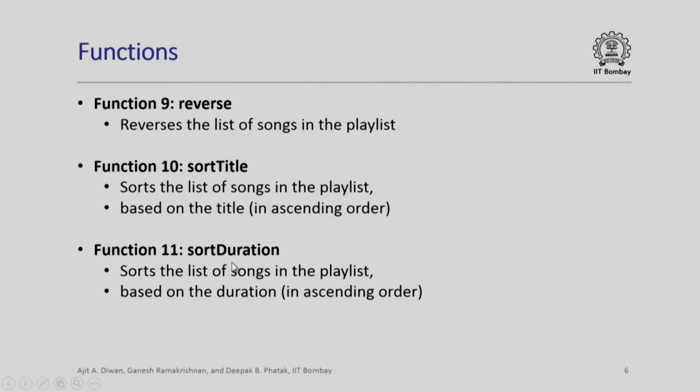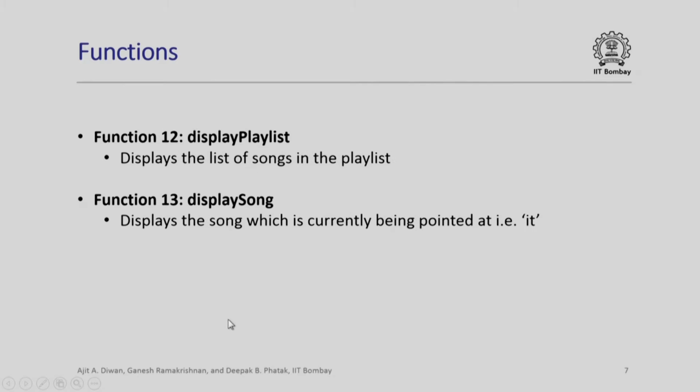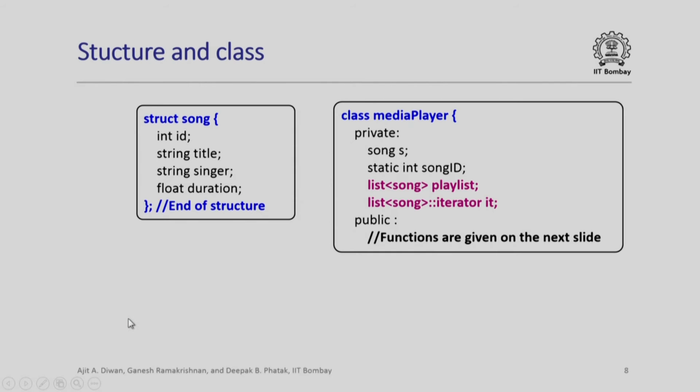Sort duration is another sorting, which will sort the playlist using the duration of the song. Display playlist and display song are 2 functions which are added merely to demonstrate the output of the program. These are not central to the functionality of the playlist, but are for illustration purposes.